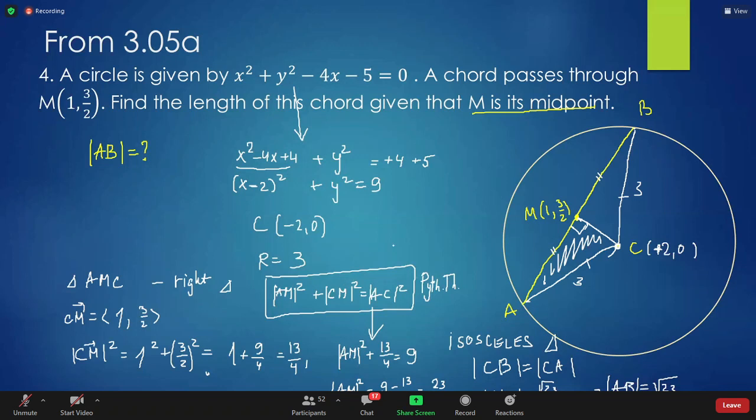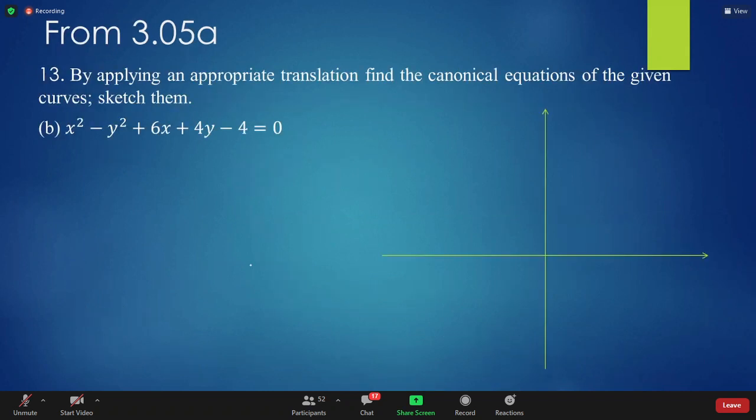Another one: canonical equations of the given curves, and to sketch them. So this is where we get a serious situation. We have the canonical equations for the curves, like for the ellipse, for the hyperbola.